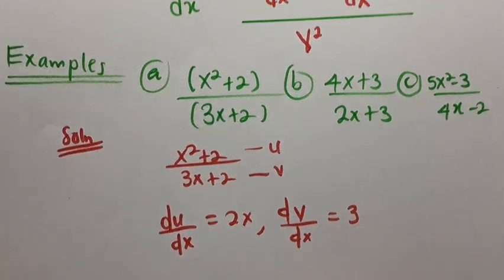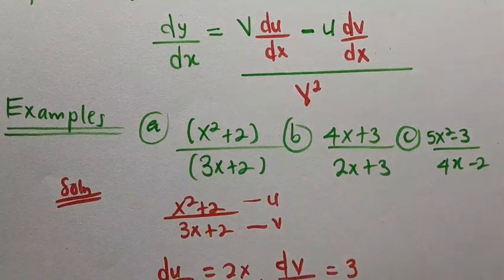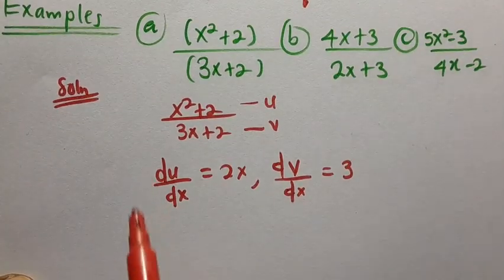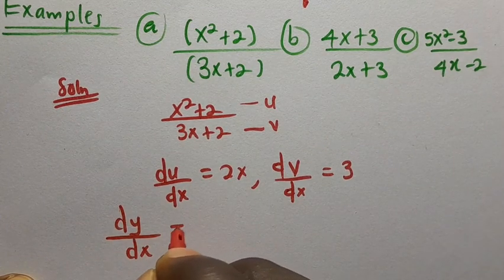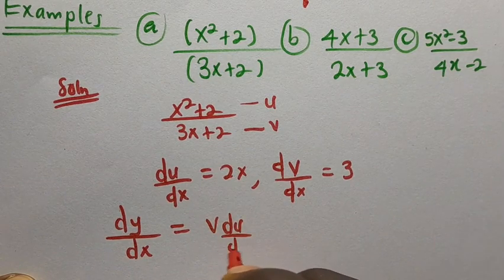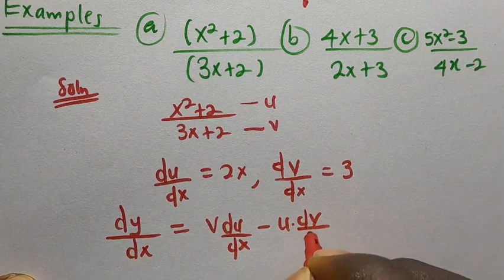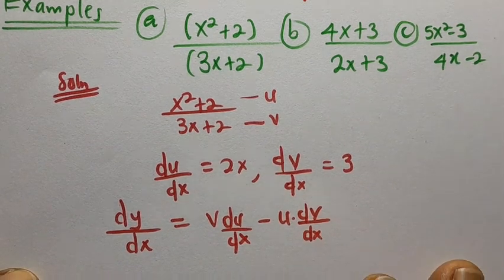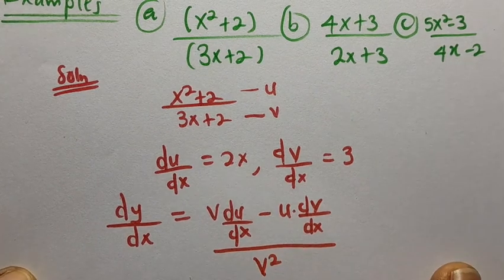Now recall the formula that we have here: dy/dx equals phi du/dx minus u dphi/dx, all divided by phi squared.